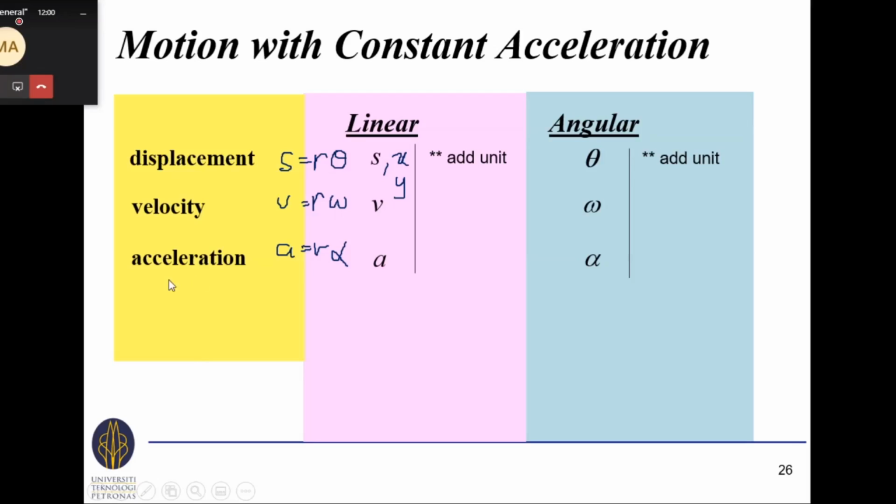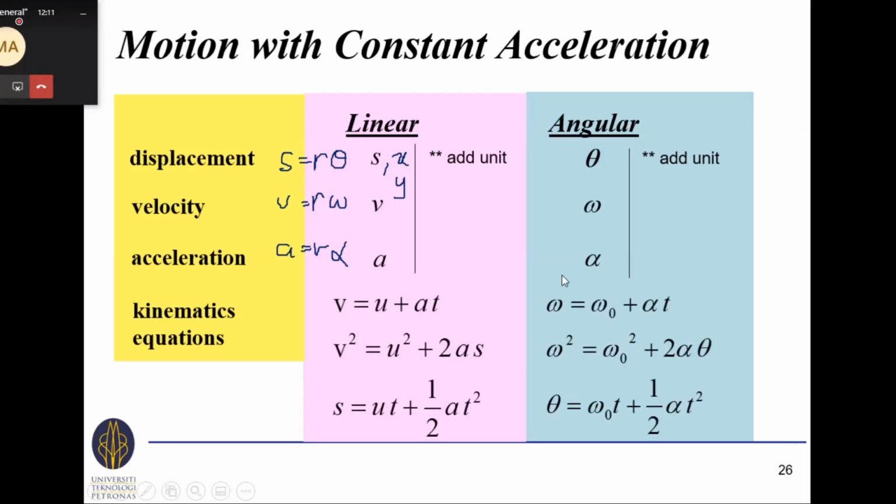And then we have acceleration as a or alpha. And then for kinematic equations, you are going to have three kinematic equations that we have in linear motion. So you need to use the same equations but change to the symbols that we use in rotational motion.